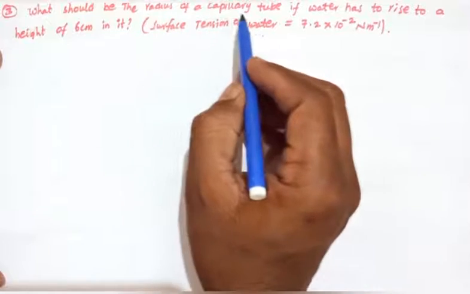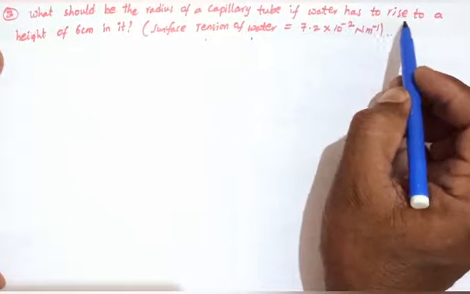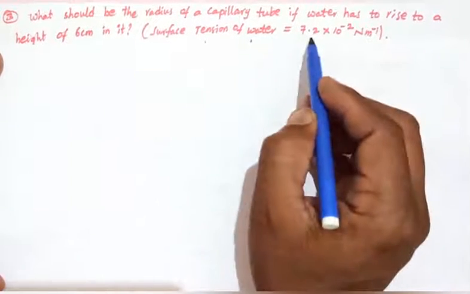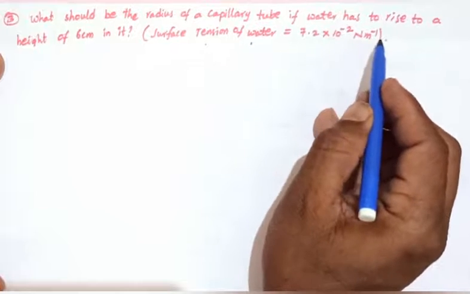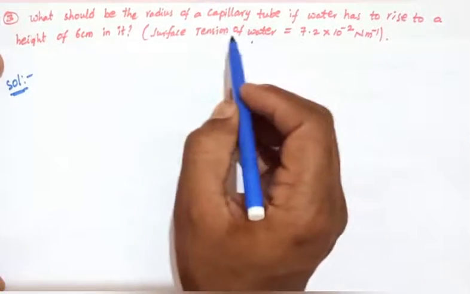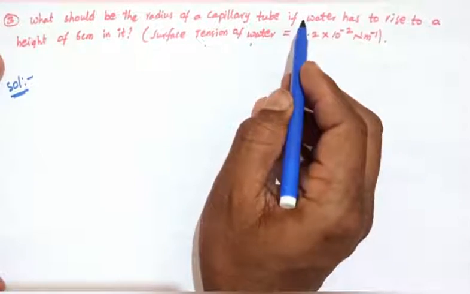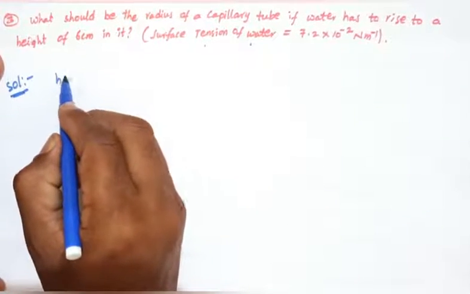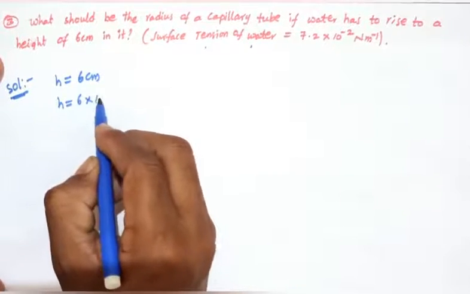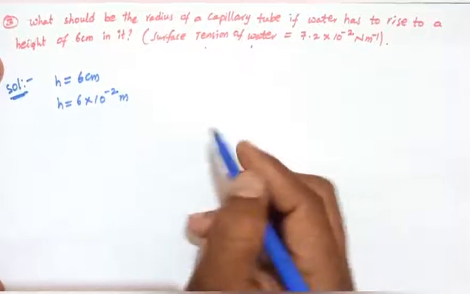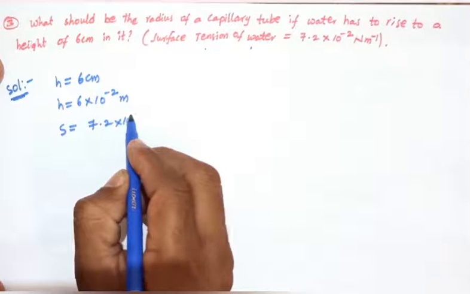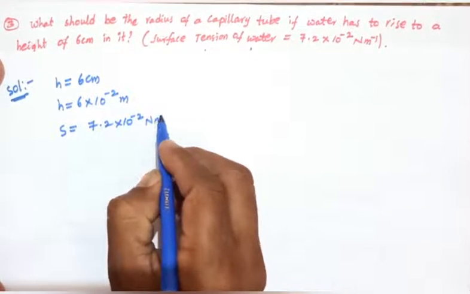Now problem number 3. What should be the radius of a capillary tube if water has risen to a height of 6 centimeter in it? Surface tension of water is given as 7.2 into 10 to the power of minus 2 Newton per meter. So find out the radius of the capillary tube. Height h equals 6 centimeter, so it is converted to 6 into 10 to the power of minus 2 meters. Surface tension S equals 7.2 into 10 to the power of minus 2 Newton per meter.